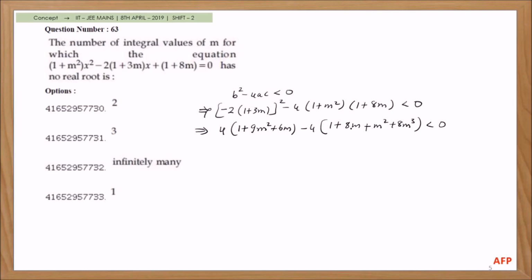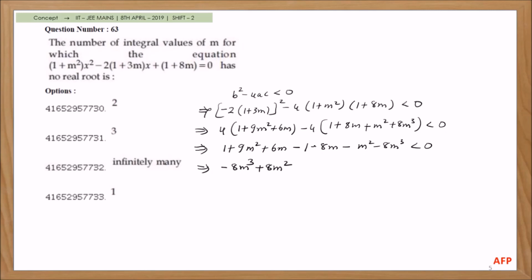Now dividing throughout by 4, you get the equation 1 plus m square plus 6m, and if you multiply by minus, minus 1 minus 8m minus m square minus 8m cube must be less than 0. So now first we will write the cube terms: 8m cube minus 8m cube, no square terms, plus 8m square plus.